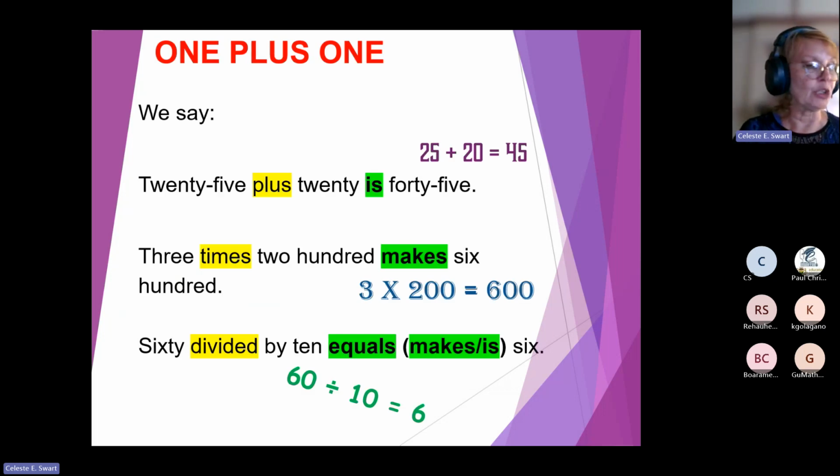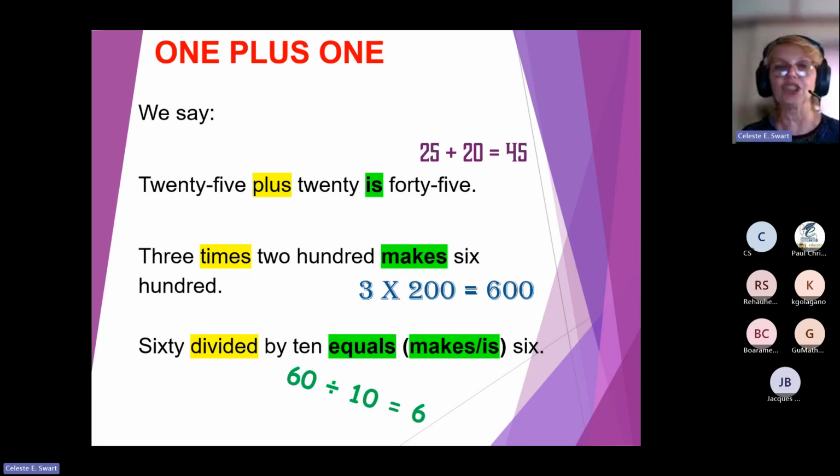1 plus 1. I'm going to quickly do this one, and then we're going to get to the quiz, okay? If we say 25 plus 20, we say it is 45. Notice how with maths, with sums, we're making it singular. 3 times 200 makes, equals, is 600.